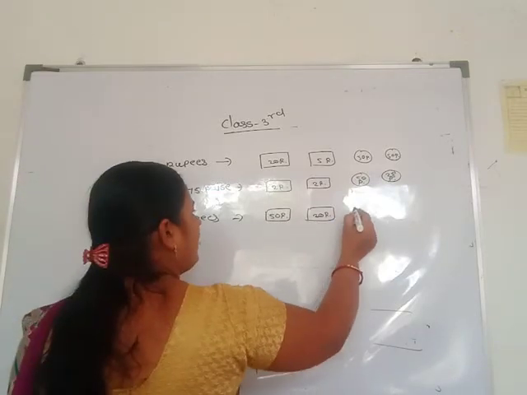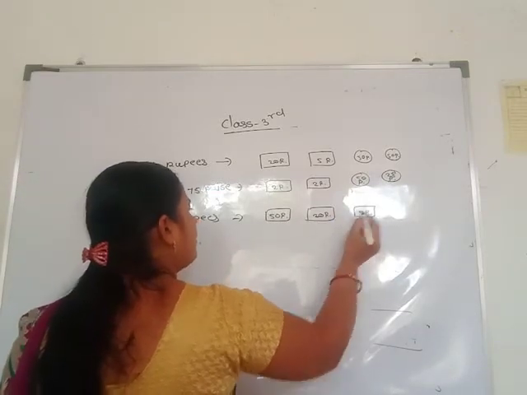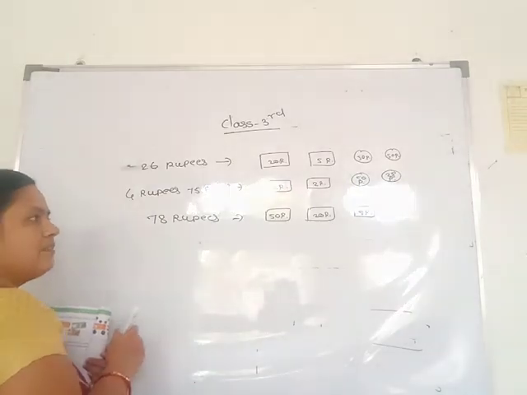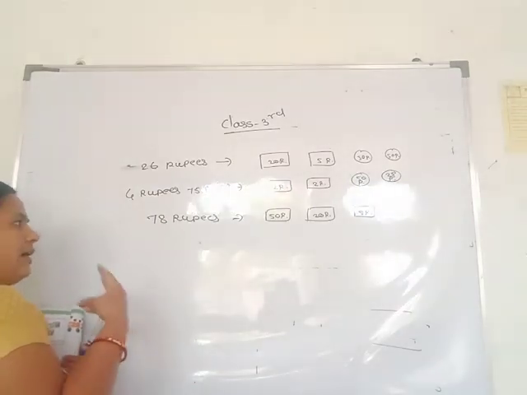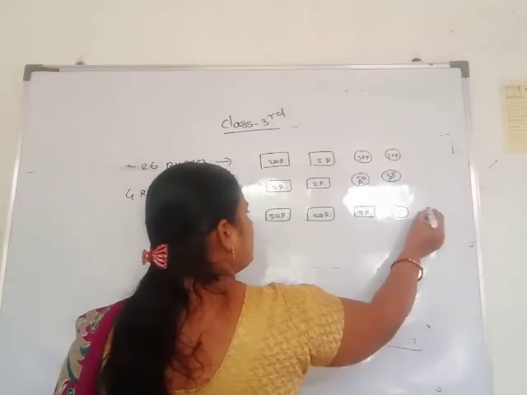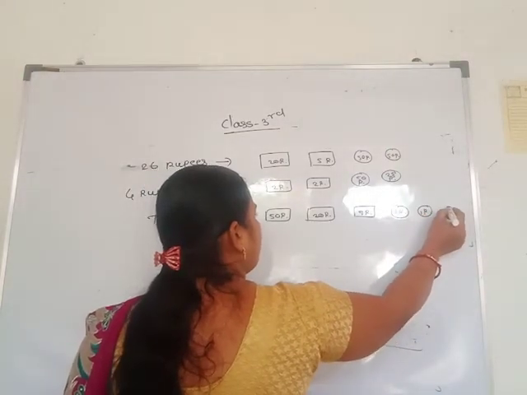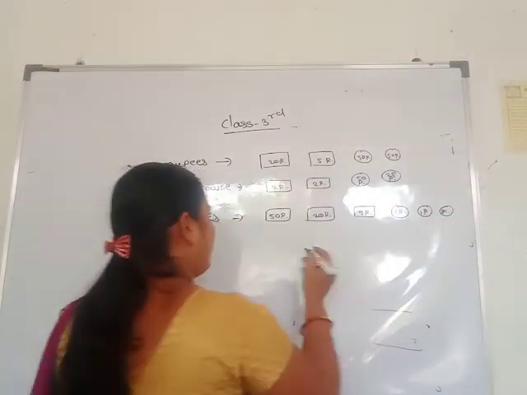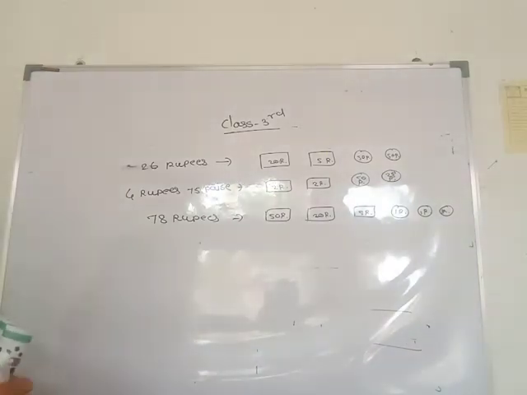Then take one 5 rupees note: 70 plus 5 is 75. Again 3 rupees remain, so you take three 1 rupee coins. Firstly you take a 50 rupees note, a 20 rupees note, 70, then a 5 rupees note, 75, and three 1 rupee coins.